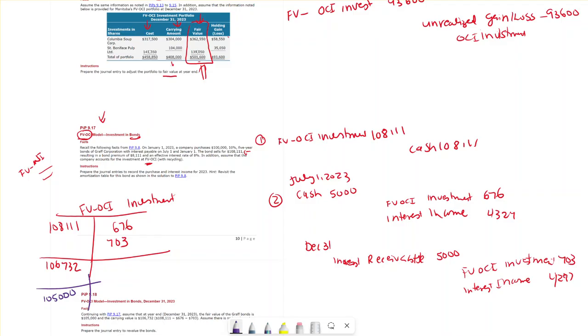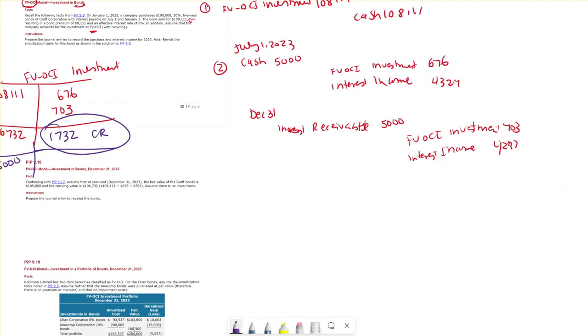We will be doing an adjusting entry for 1,732, a credit. This will be my December 31st entry to bring it to the fair value, or we call it revalue the bond.